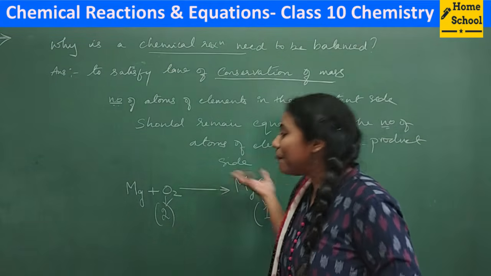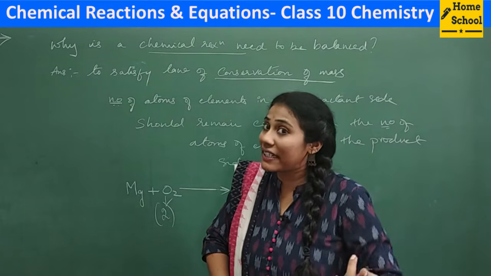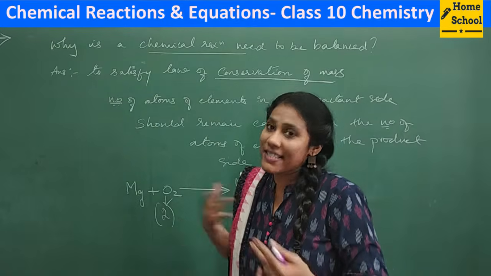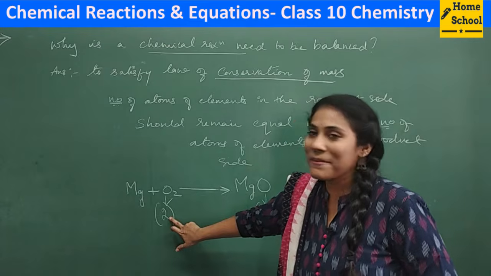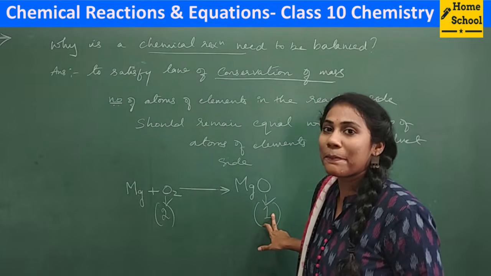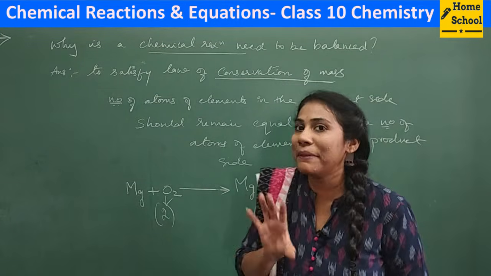Their properties can be changed, but you can't destroy the atoms and you cannot create extra also. So to make that law satisfied, we need to balance. 2 atoms are there in the reactant side, only 1 atom of oxygen is there in the product side. So now I can't say this is a complete chemical equation.